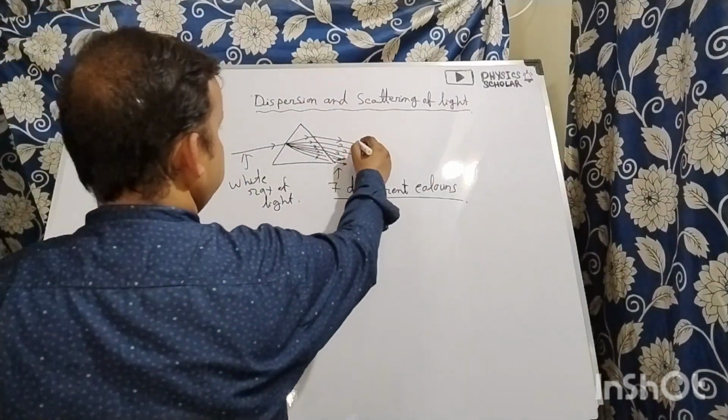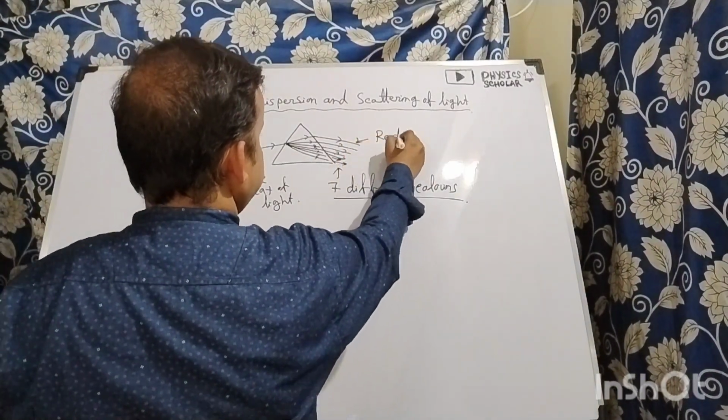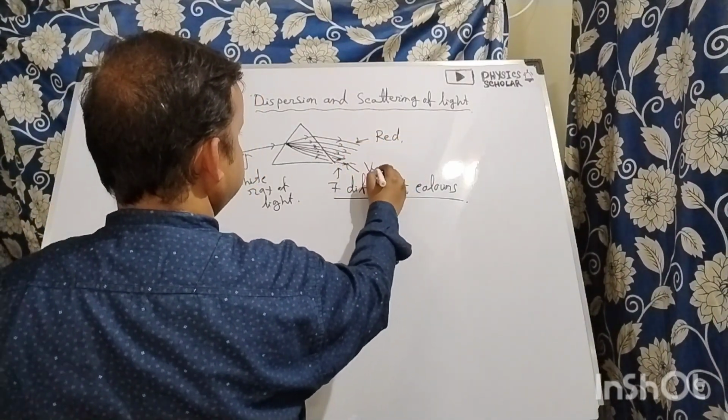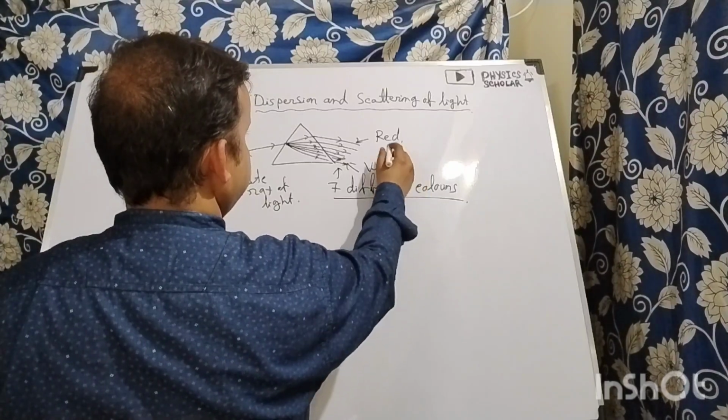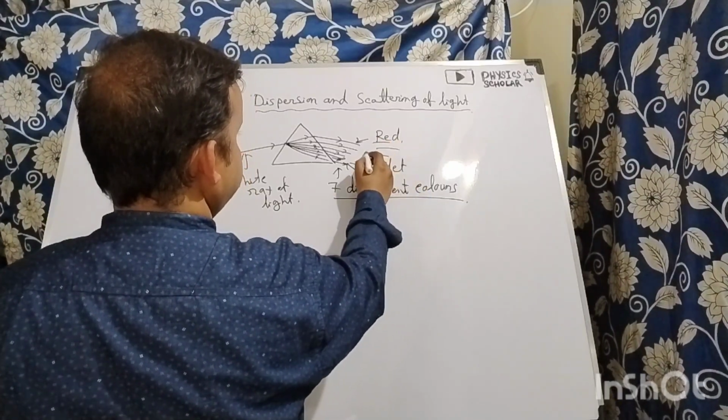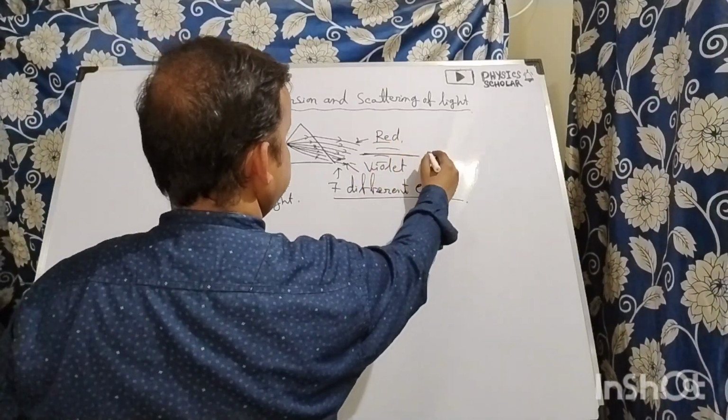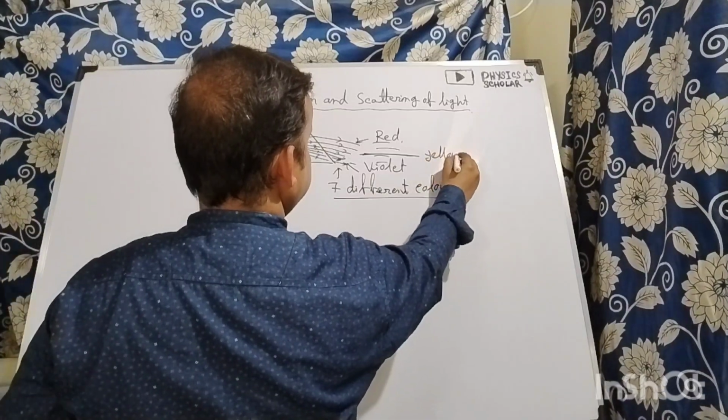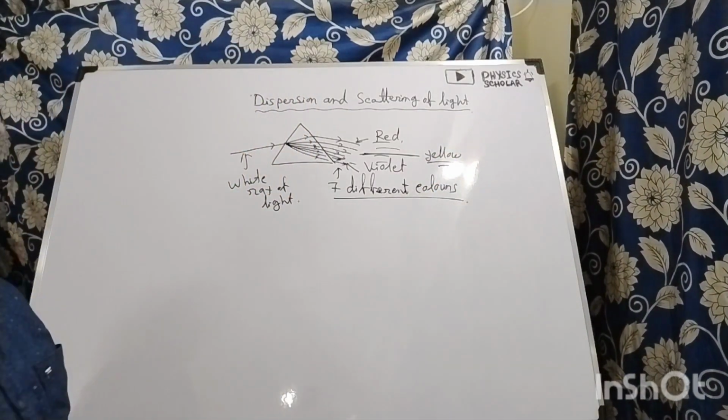At the top it will be red and at the bottom it will be violet, with the other colors in between, and in the middle it will be yellow.